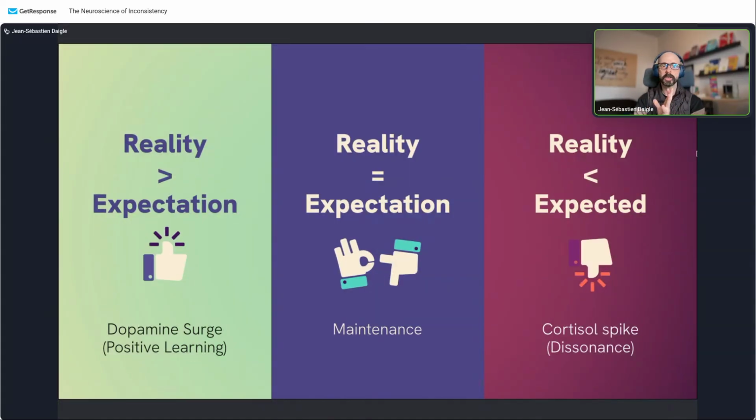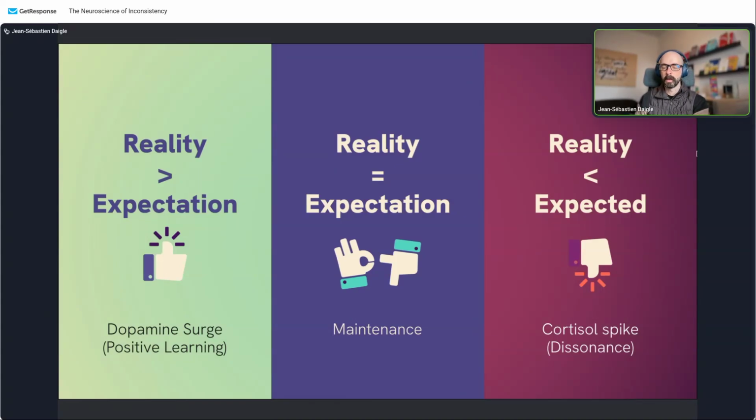So, oh, it's actually better than what I thought. It's surprising. It's cool. It's great. And when we design enterprises or services or products, it's something that we try to do. When reality meets expectation, it's just how it's supposed to be.